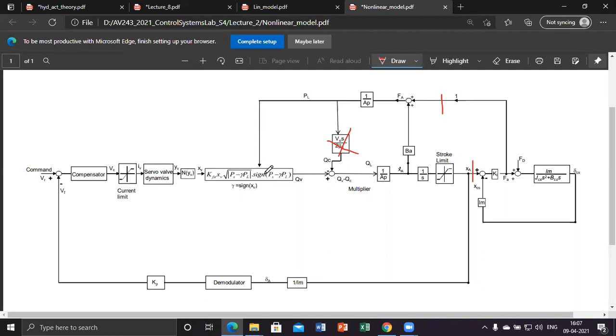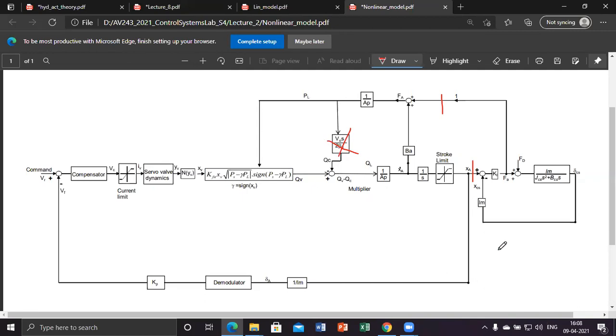There is no dynamics. So which do we have to solve first? You cannot write the equations like this. If you write the QV expression, it will ask for PL. Then if you write the PL expression after QV, it's a problem because QV requires PL. I hope you understood this.